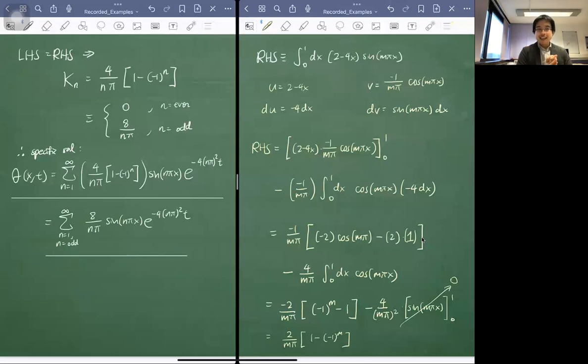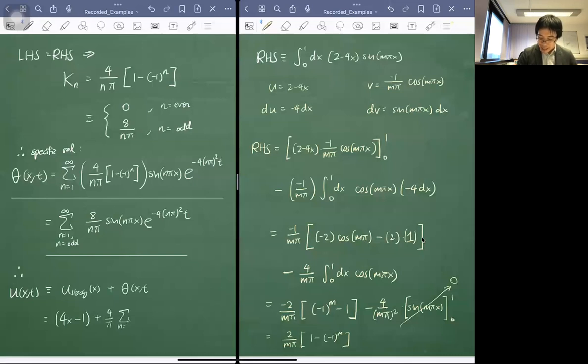Now, is this done? Not really. We still have the u. But that's easy because this is just 4x minus 1, the u steady, plus theta. So plus, let's use the first one so I don't have to write n odd. In fact, let me pull out the 4 over pi as well. So it's u steady of x plus theta of x,t, which means it's 4x minus 1 plus 4 over pi.